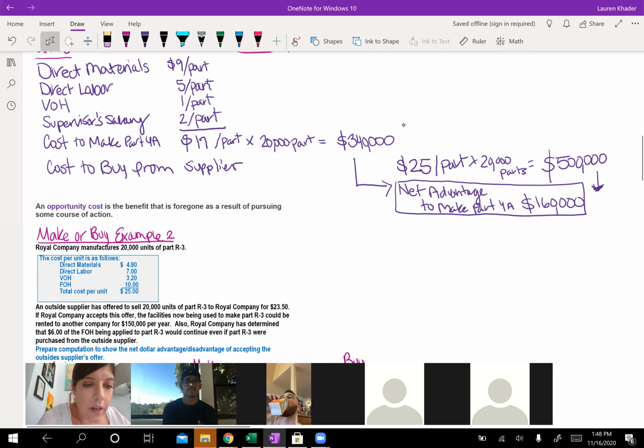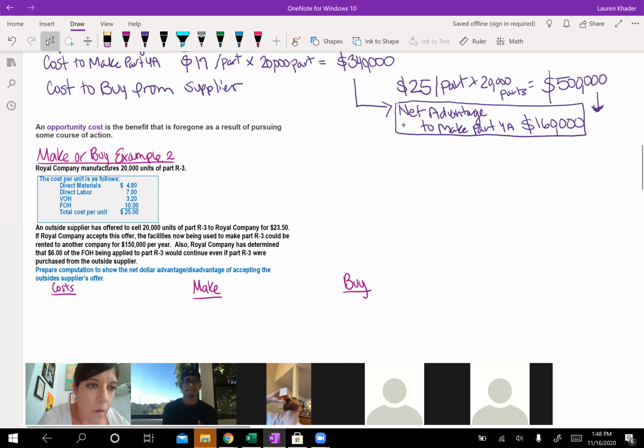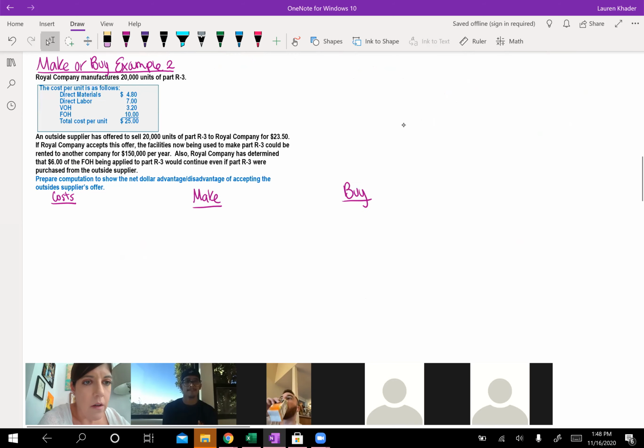So we're going to look at an example. Royal Company manufactures 20,000 units of part R3. So we're going to be looking at 20,000 units.